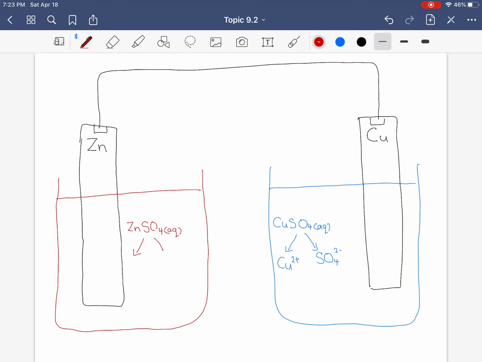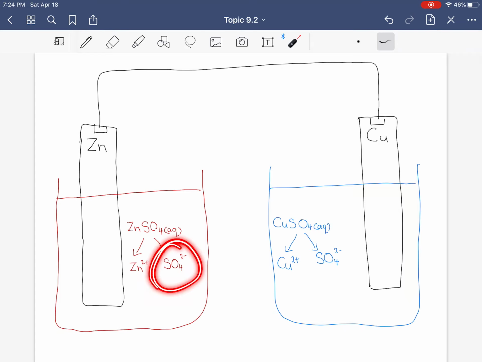For the other electrode, zinc 2 plus and sulfate. That's what's going to happen in real life.